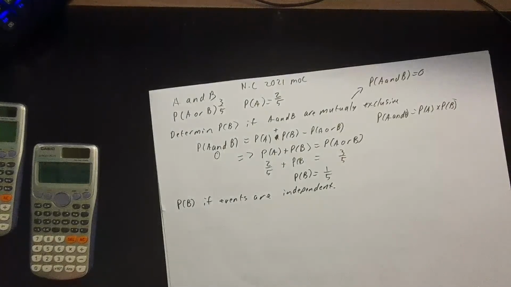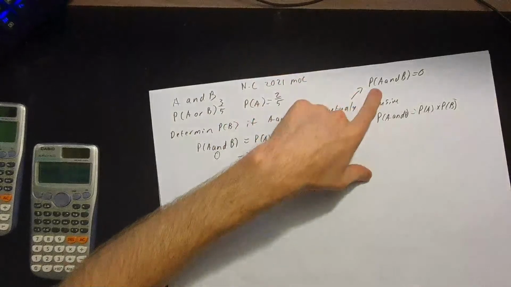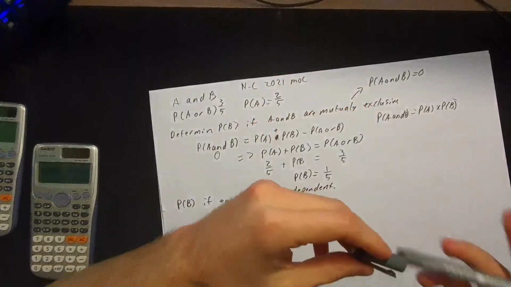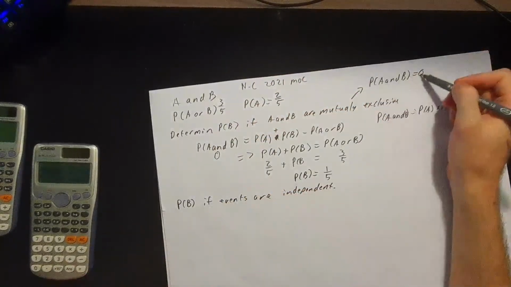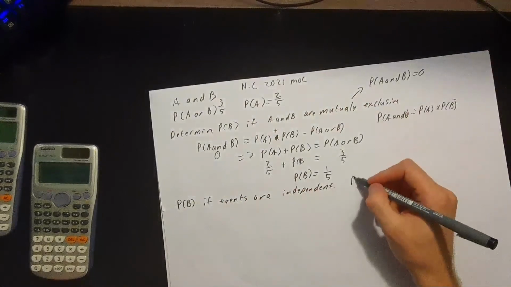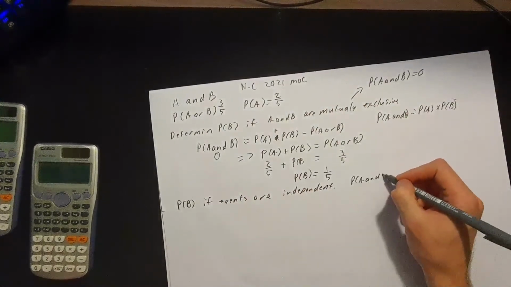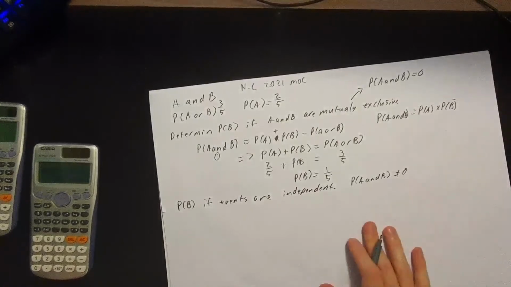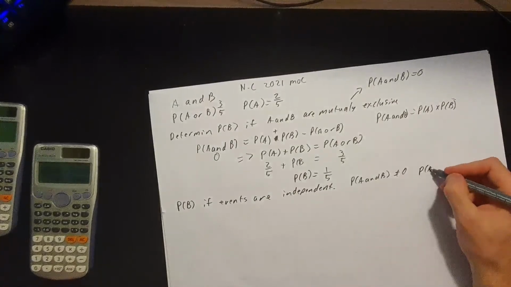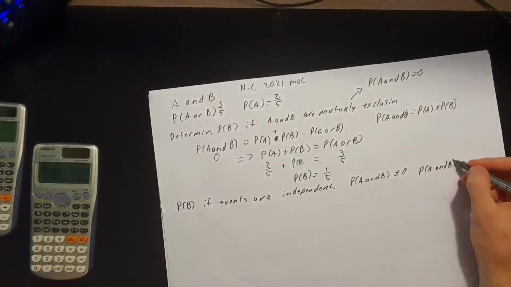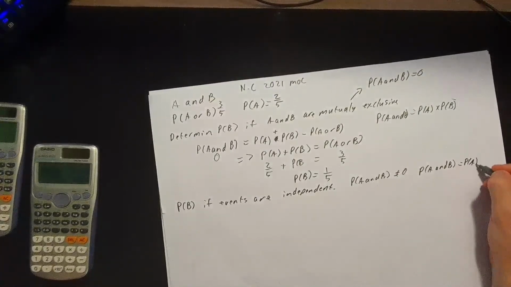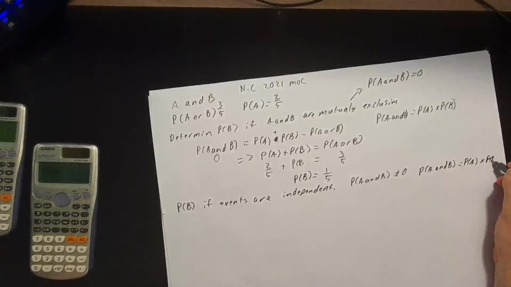Oh, we can use... Okay, well, yes, because this is not equal to 0. Aha, I've got it. Because they're independent, P of A and B is not equal to 0. Therefore, P of A and B equals P of A multiplied by P of B.